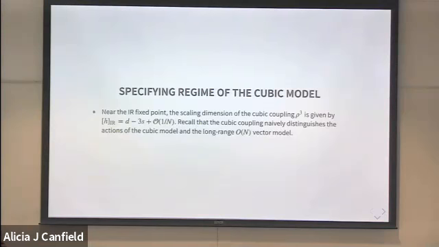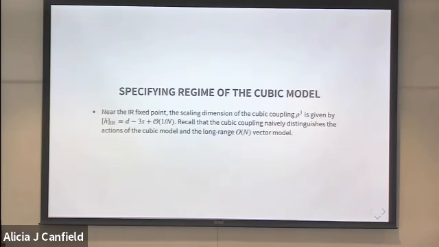Another thing is that now we can calculate the scaling dimension of the cubic coupling constant in the IR. Why do we pay attention to that? Because the cubic coupling is what distinguishes this cubic model from the O(N) vector model. In the O(N) vector model, there was no sigma cubed term in the Lagrangian, but there is one here.